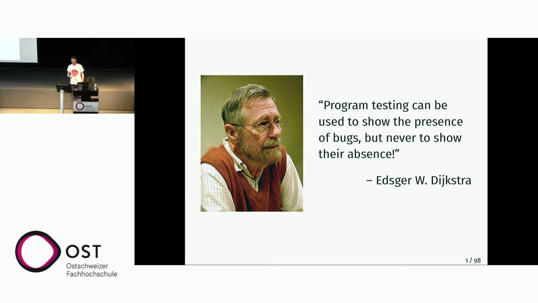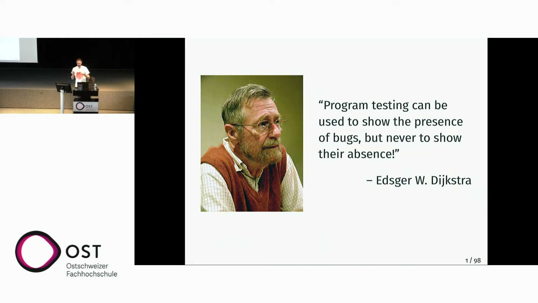Let's start with a quote by the famous Dutch computer scientist Dijkstra. He said that if we want to show that there are no bugs in our program, we can do testing, but this can only ever show the presence of bugs, and it can never show the absence of bugs.